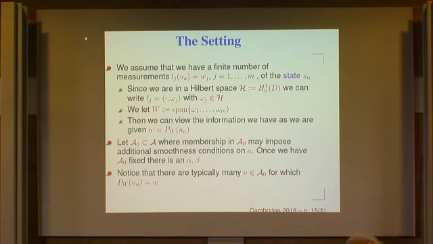And you can view the information you have as giving you a projection of UA onto some subspace of H1, spanned by these Riesz representers, W. That subspace, of course, the more data you get, the bigger that subspace gets. It starts to fill up all of H1 and you're in better and better situations.